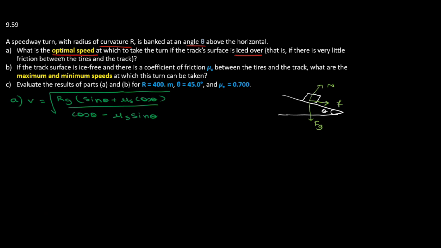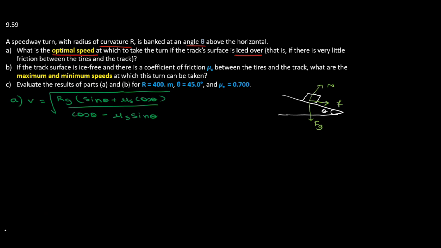Now, question A is asking us what is the optimal speed with which you can take the turn if the surface is iced over. Iced over means that the force of friction is almost negligible. And if the force of friction is negligible, in this expression for velocity I can remove all the terms with the coefficient of static friction.